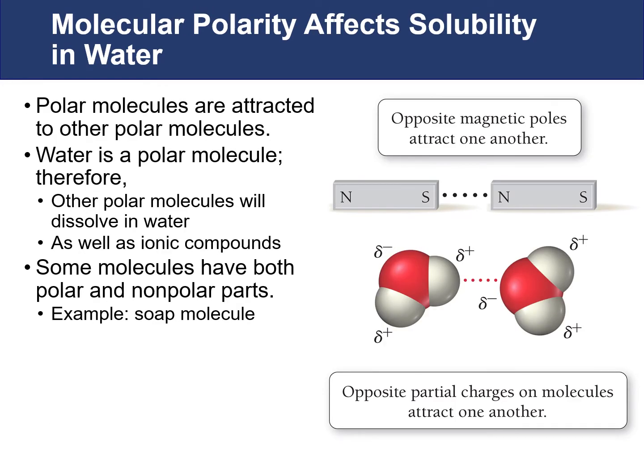Finally, let's look at how all this talk of polarity and vectors gives us something that we can use. Polar molecules are attracted to other polar molecules. Because water is a polar molecule, other polar molecules will be able to dissolve in water, as well as ionic compounds.